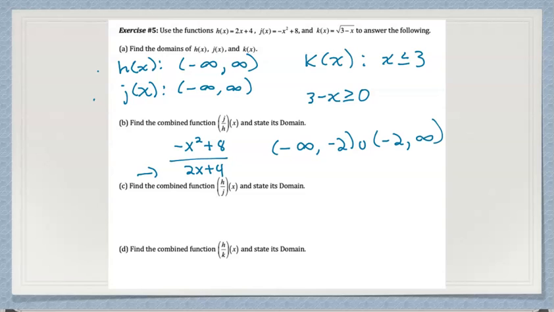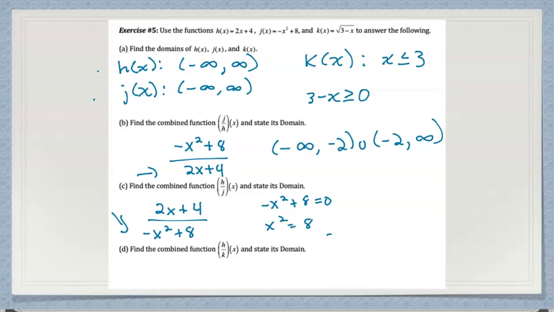If I switch those and have h over j of x, it's a similar idea. Now I have 2x plus 4 in the numerator and negative x squared plus 8 in the denominator. The value that makes the denominator 0 is a little more complicated, though not much. Negative x squared plus 8 equals 0 gives x squared equals 8 when I subtract and divide.